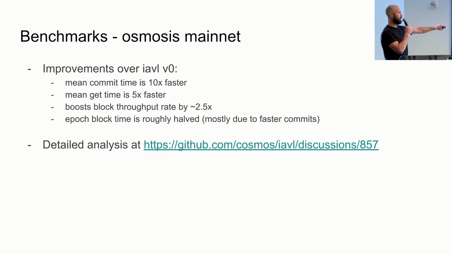I'm not going to get into it here, but basically this is what we observed in a real world live chain situation for performance improvements. Definitely a really big gap between benchmarks and what we saw on chain, but we did see mean commit time 10 times faster, mean get time 5 times faster, overall block throughput increased by 2.5x, and epoch time was roughly halved. So that was great to see.